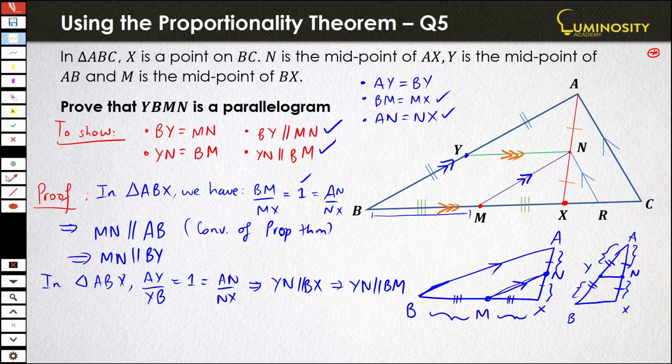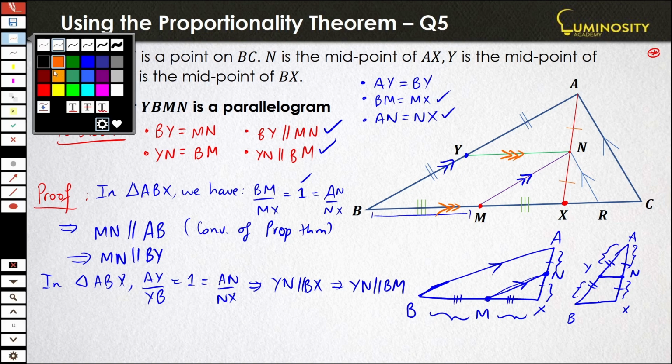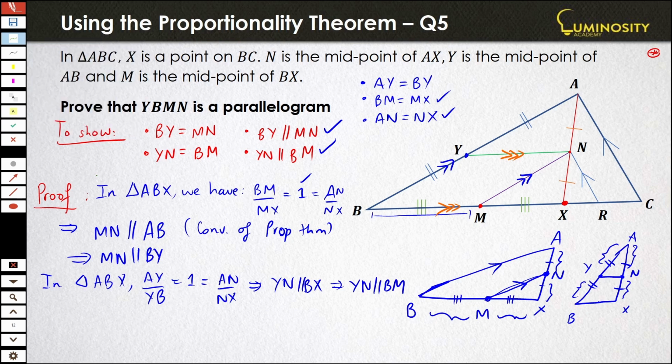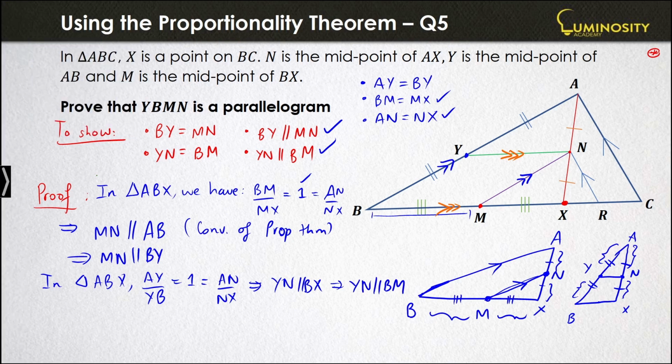So essentially now what we want to do is prove that the length BY is equal to the length MN and that the length YN is equal to the length of BM. So now this is where I'm going to use the proportionality theorem as follows. Let's look at the first one here, BY.